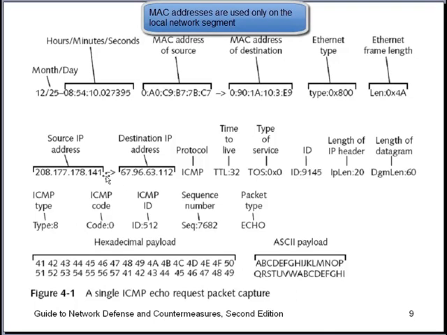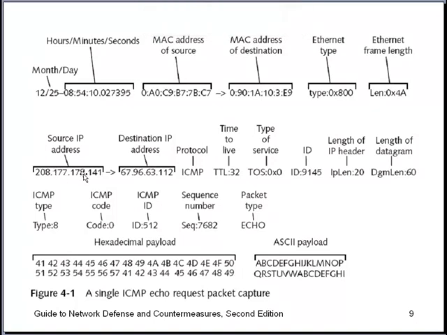Routing occurs via the IP address, but once you get on your own network, it's via the MAC address. And so each source IP address will have its own MAC address. So this is associated with this, this is associated with this. The protocol is ICMP, Internet Control Message Protocol, the time to live we've talked about. We see other information, ICMP type and ICMP code.